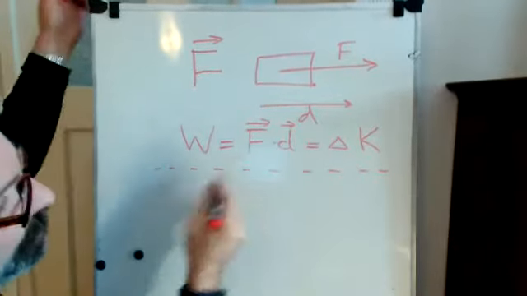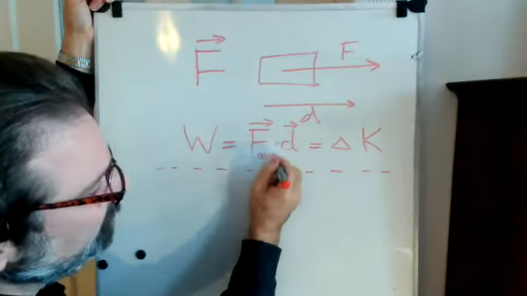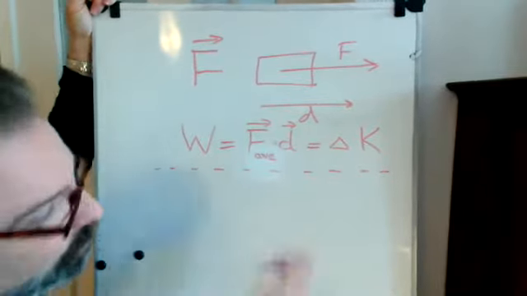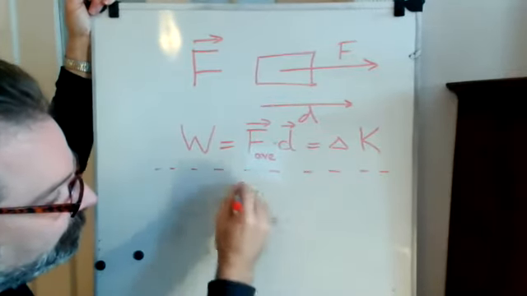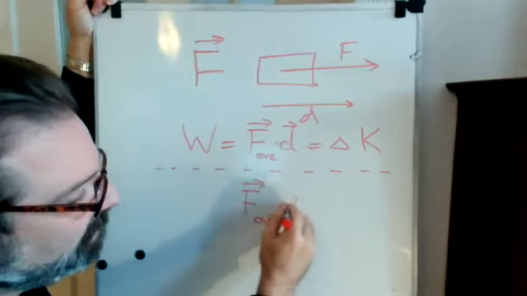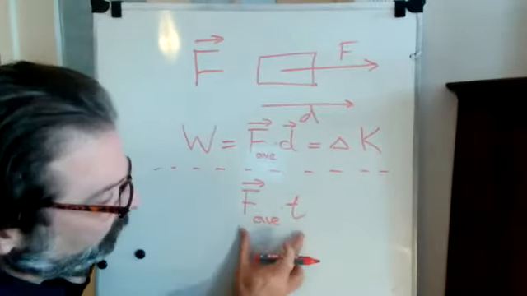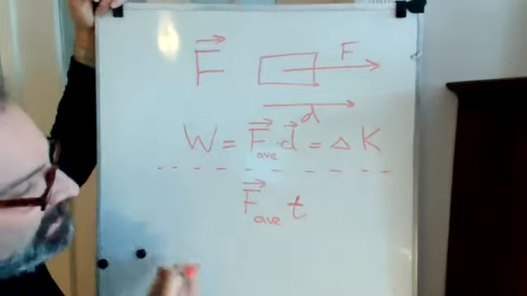Just like here we had average force, we're going to look at a constant or average force, and this time we're going to look at it for a certain time.